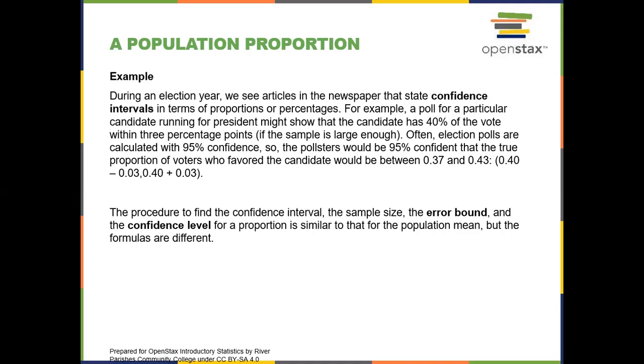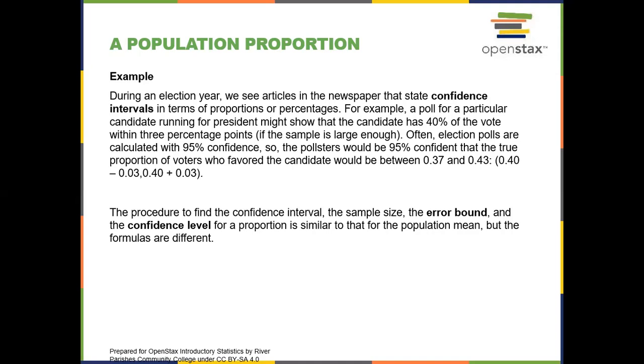This 3 percentage point is your margin of error. Often election polls are calculated with 95% confidence, so the pollster would be 95% confident that the true proportion of voters who favored the candidate would be between 0.4 minus 0.03, which is 0.37, and 0.4 plus 0.03, which is 0.43.